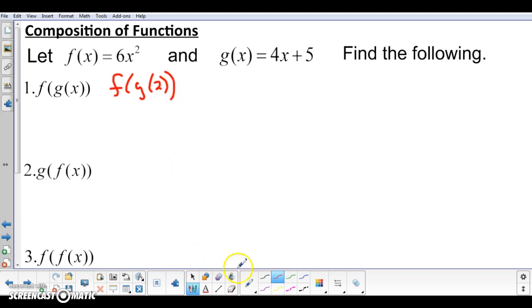What that means is that we would take 2, the input, and plug it into function g first. I take 2, plug it into g, and see what I get. Well, 2 times 4 is 8, and 8 plus 5 is 13.